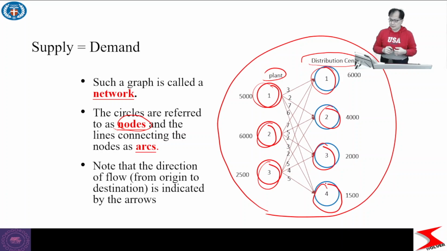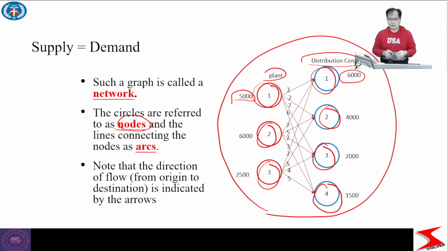And between nodes, we have an arc linking each other, and each arc represents transporting one unit of goods from the origin to the destination node. Okay, so the 5,000 here is the supply quantity of the first plant, and the 6,000 here is the demand quantity of the distribution center.